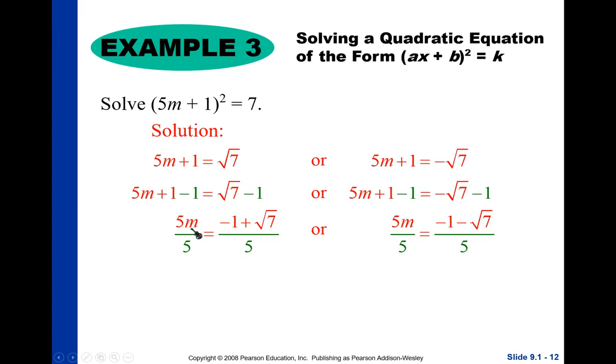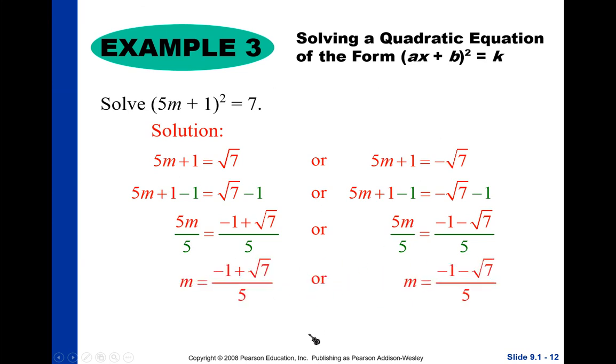5m na lang, kasi natanggal na yung positive 1 saka negative 1. Negative 1, inaayos lang natin, plus square root of 7 over 5. Bakit nilagyan natin ng over 5? Para matira lang ay m. Ganun din sa kabila: negative 1 minus square root of 7, i-divide sila sa both sides ng 5 para matira yung m.